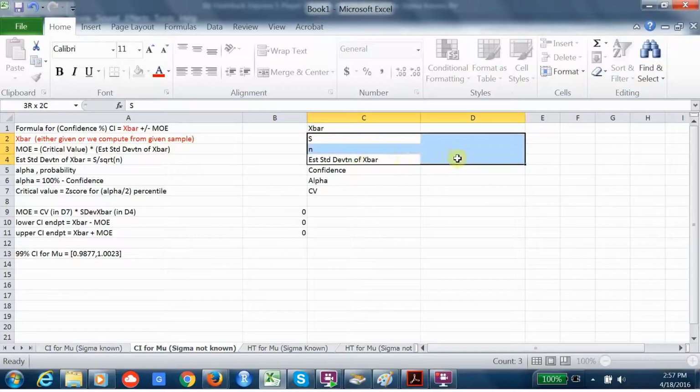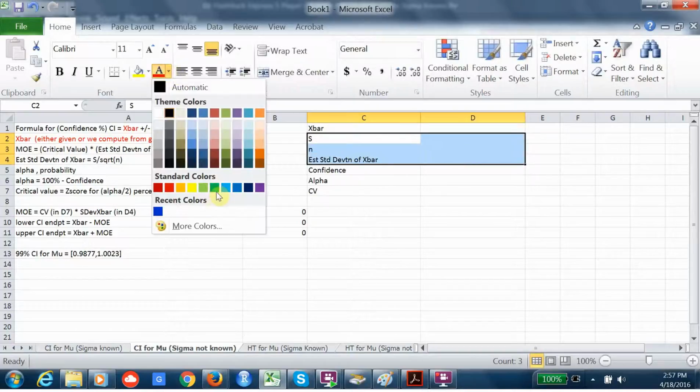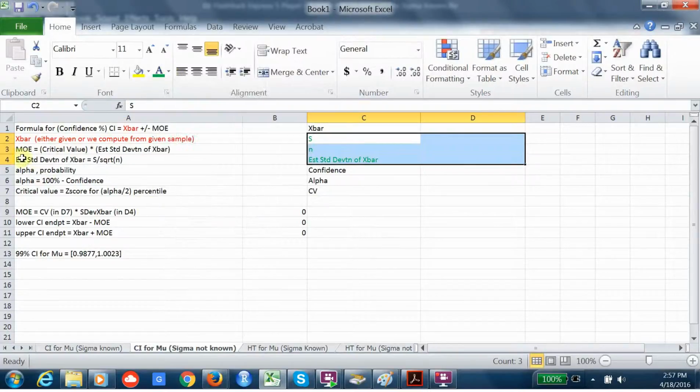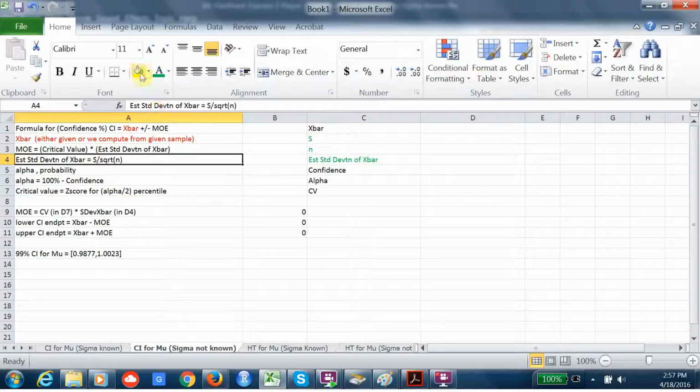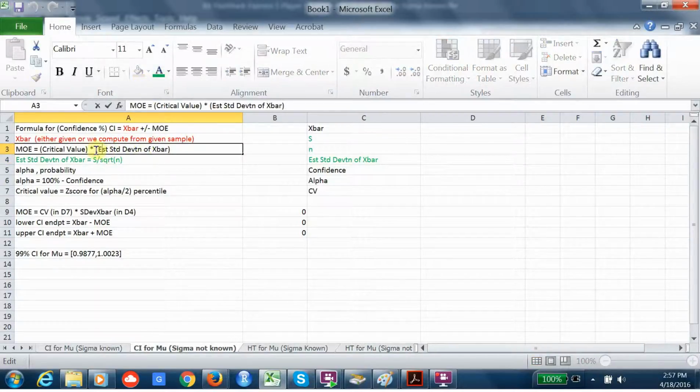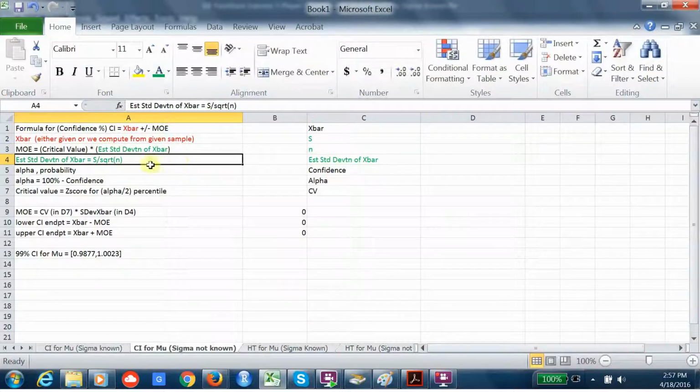So these guys will all go together. Okay. So this is the formula that we've seen a lot. So notice that when we're calculating the estimated standard deviation of x bar, the formula is basically the same, except now I don't know sigma, the population standard deviation, so I just swap S for sigma. Okay?